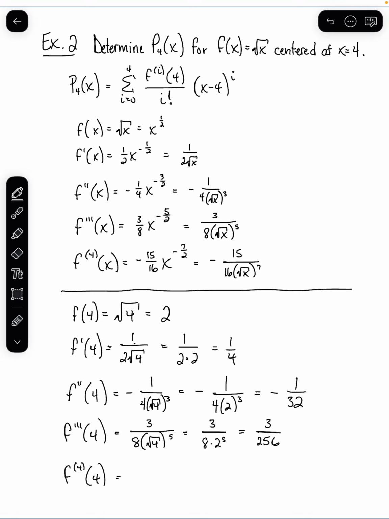And then we have the fourth derivative, which is negative 15 over 16 times the square root of 4 to the 7th, or negative 15 over 16 times 2 to the 7th.